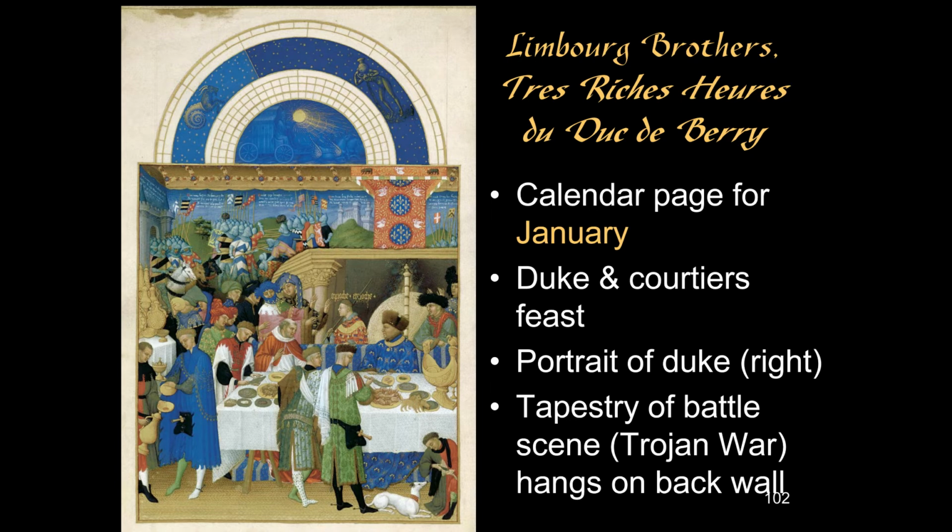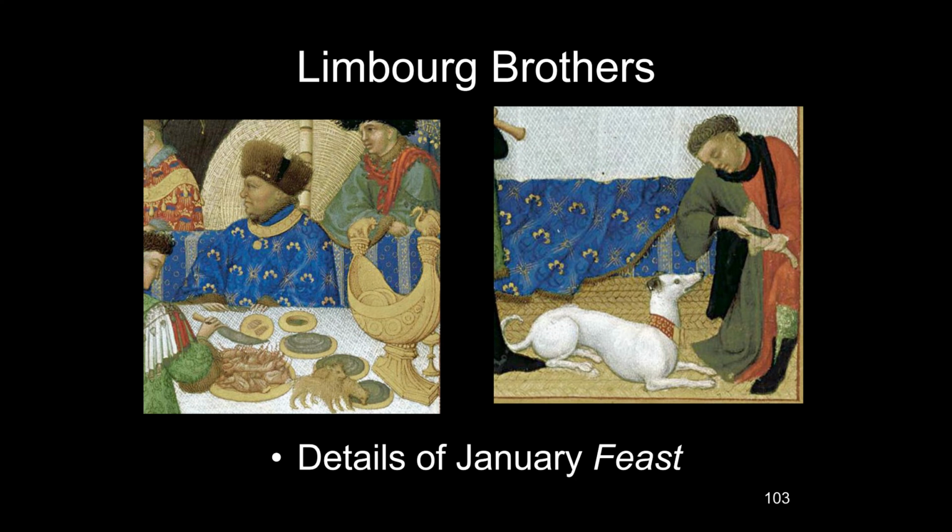Let's look at a few more details of this. Here you can see the detail of the Duke and the beautiful patterns of the garments, and you can see the weave of the brushes that make up the fire screen, and the golden great salt, which is this ship-like shape with all sorts of elaborate sculptural decorations.